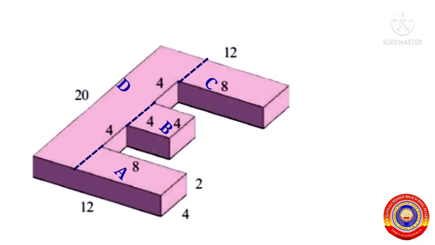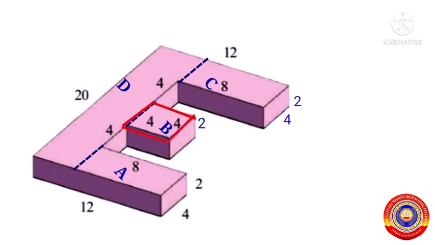On dividing, we got 4 rectangular blocks: A, B, C and D. The blocks A and C have the same length, breadth and height. That is, length is 8 centimeters, breadth is 4 centimeters and height is 2 centimeters.